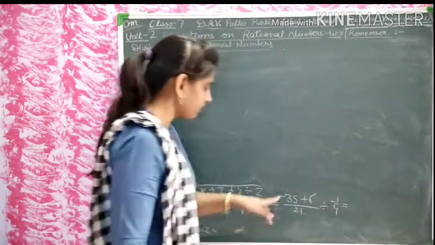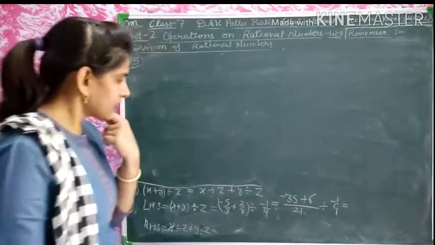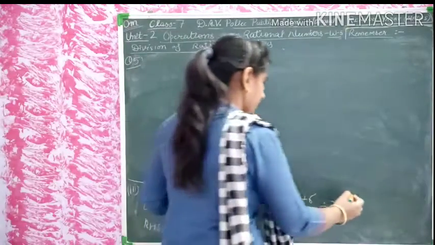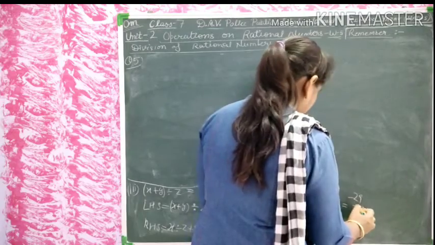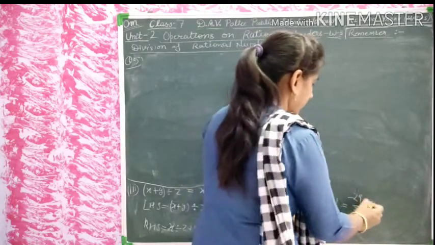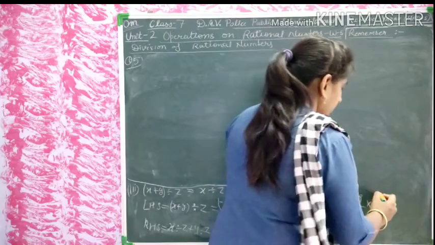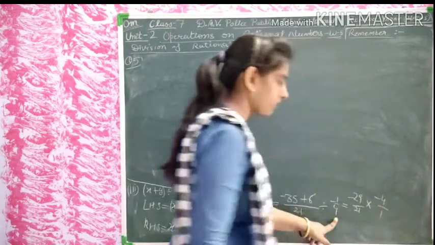We will get here minus 29 divided by 21. This will change to multiply and its reciprocal, minus 4 by 1 here.